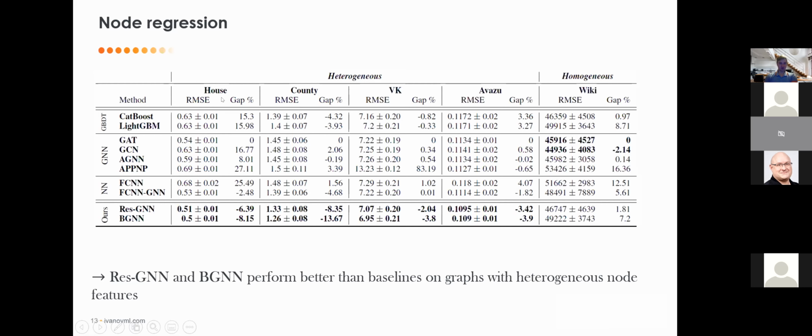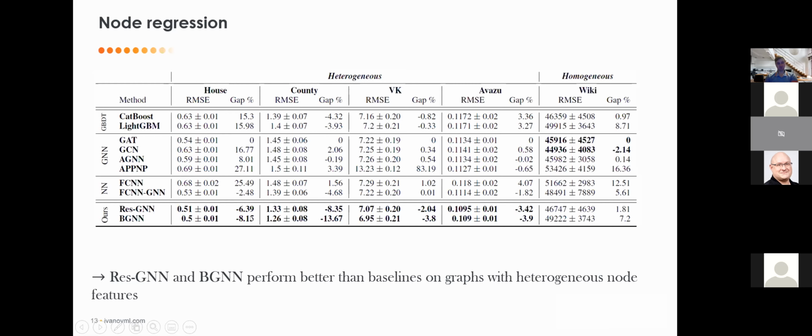And the performance results are here. So it's the RMSE metric that we look at, and also the gap in percentages with respect to the graph attention network. So we try to see if the models improve over graph attention network, and if yes, by how much. So for the 4 heterogeneous datasets that we considered, the performance uplift is quite significant.